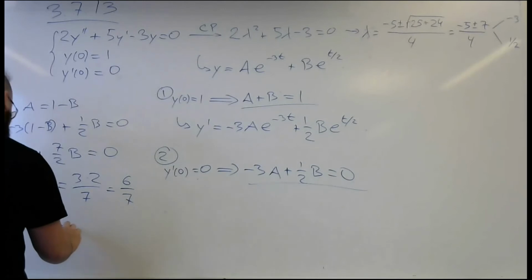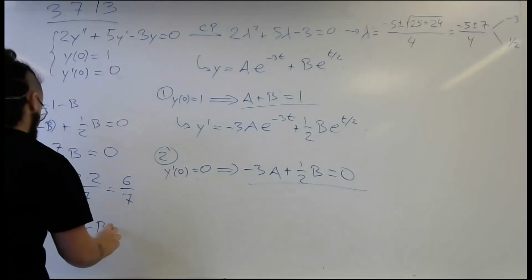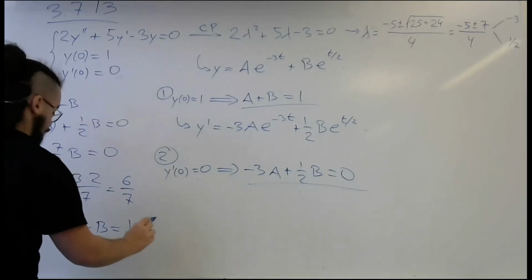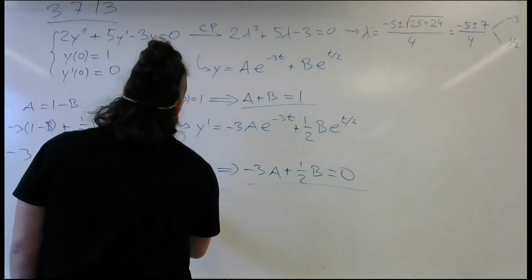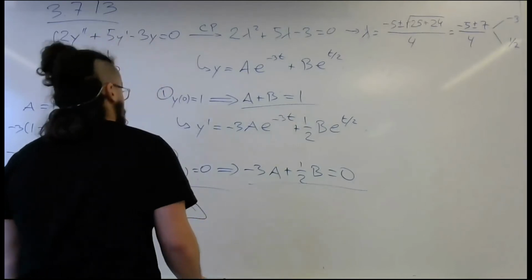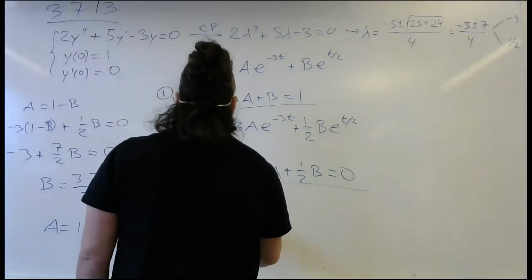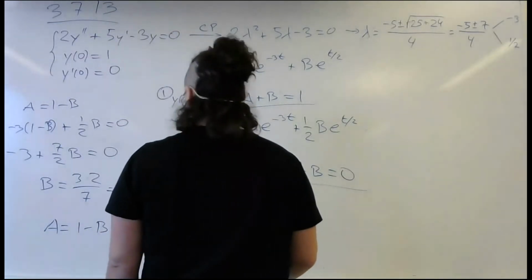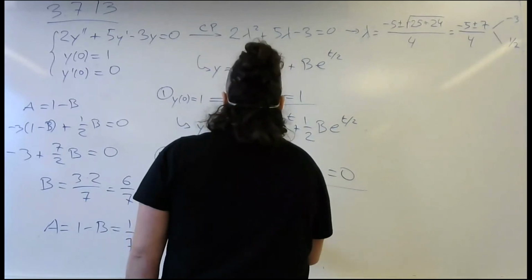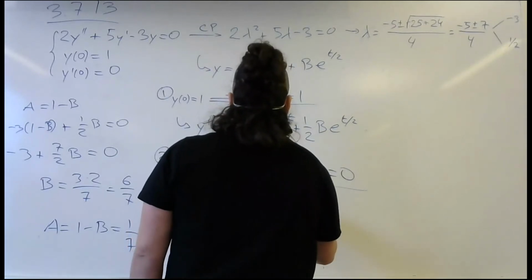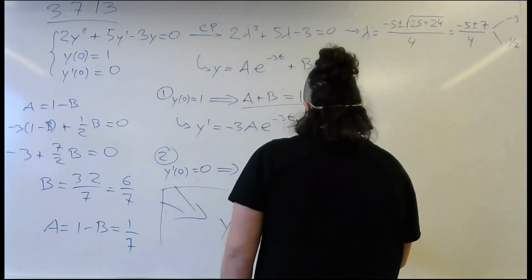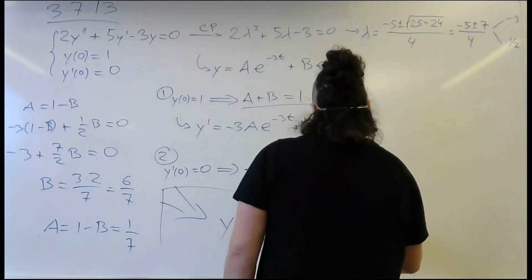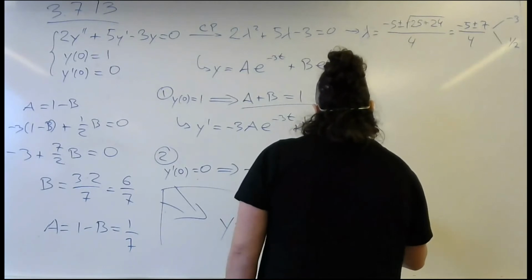And thus a is 1 minus b, which is 1/7. So, conclusion from all of this. We know the value of our two constants, so our function is defined by 1/7 e to the power minus 3t plus 6/7 e to the power t over 2.